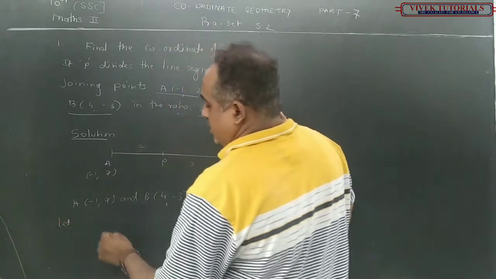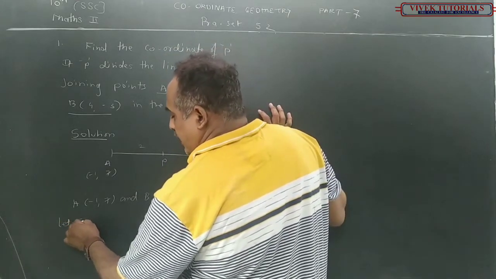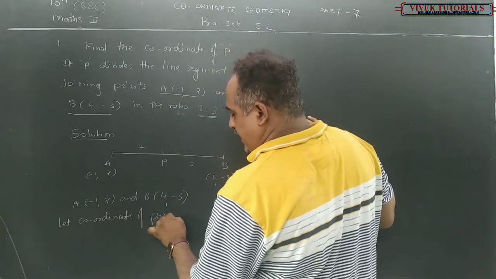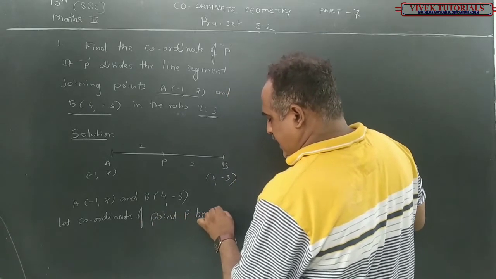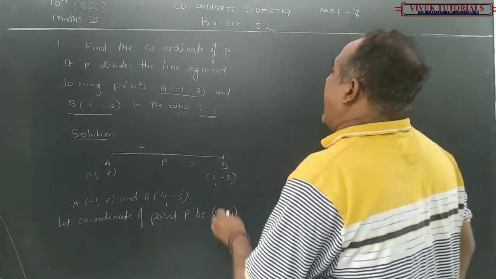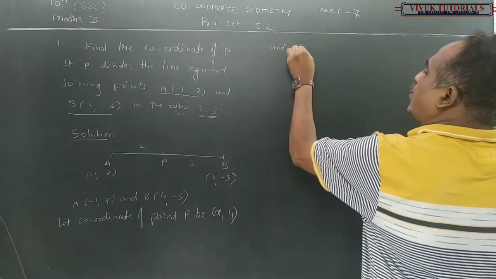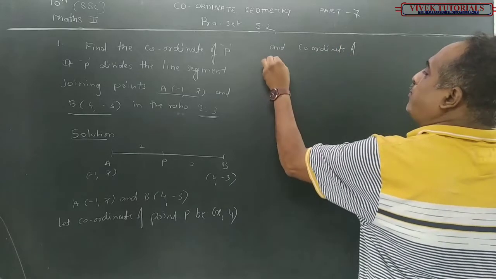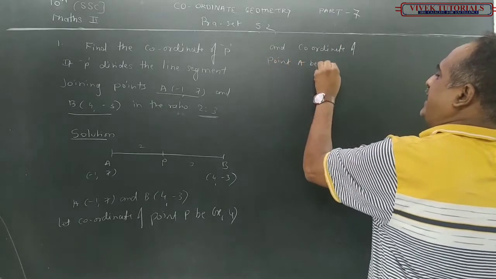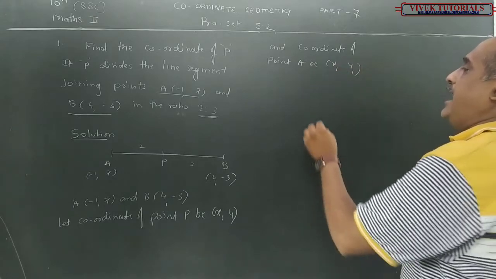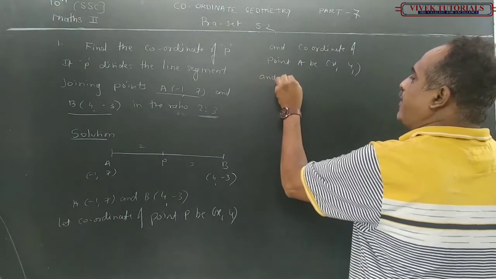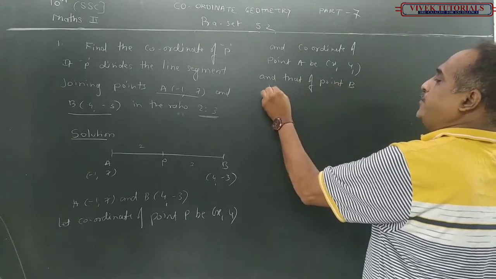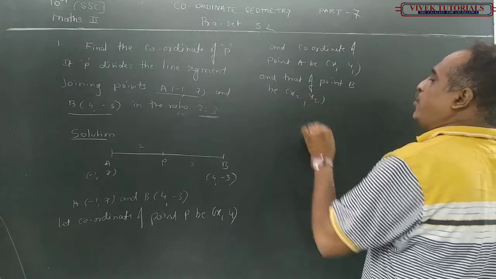Let the coordinates of point P be x, y, the coordinates of point A be x1, y1 and that of point B be x2, y2.